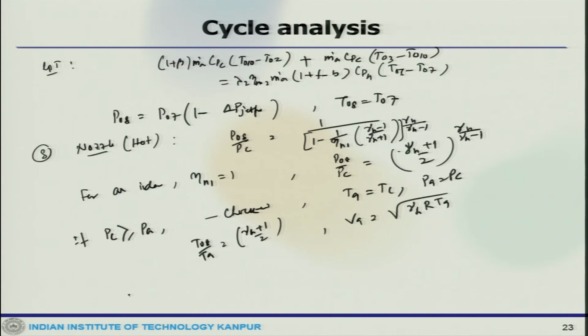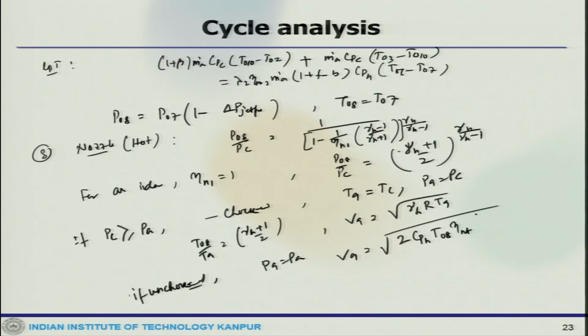Or if it is unchoked, then P9 equals Pa, and V9 is the square root of 2 Cp_H T naught 8 eta_nt (1 - (Pa/P naught 8) ^ ((gamma_H - 1)/gamma_H)).